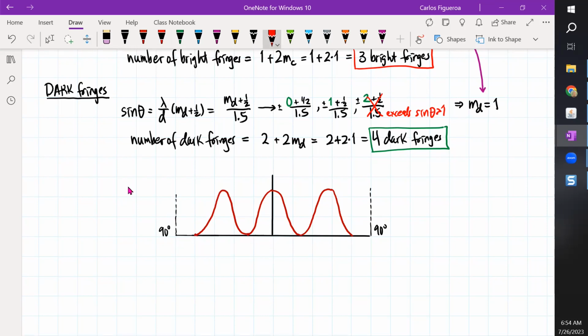So if I look at my pattern, it looks something like this. Now that I have my pattern, you can see here that this guy is my intensity profile. Now I want my interference pattern.